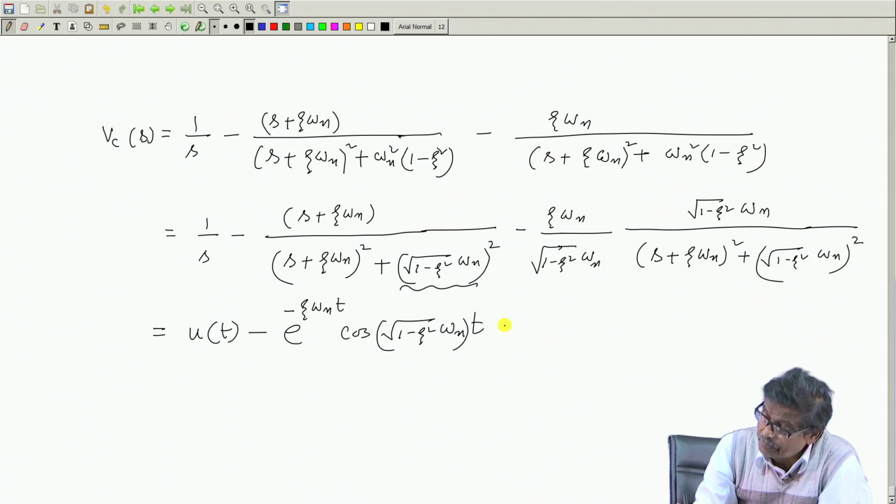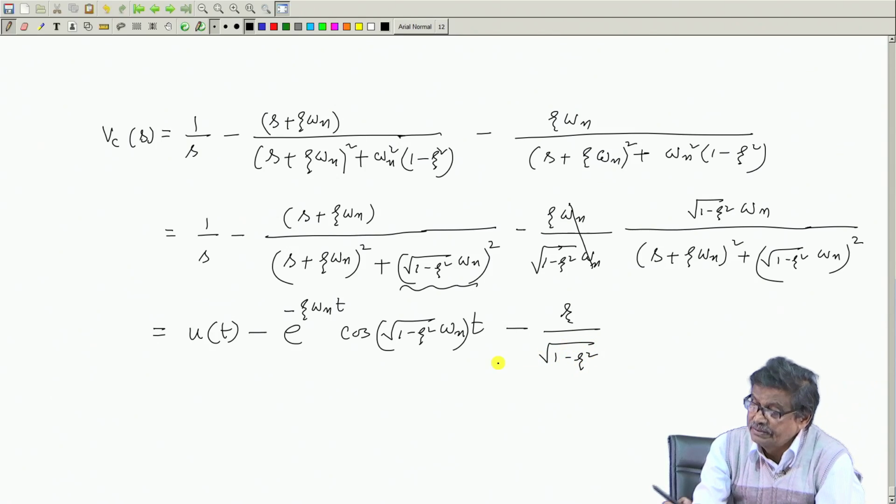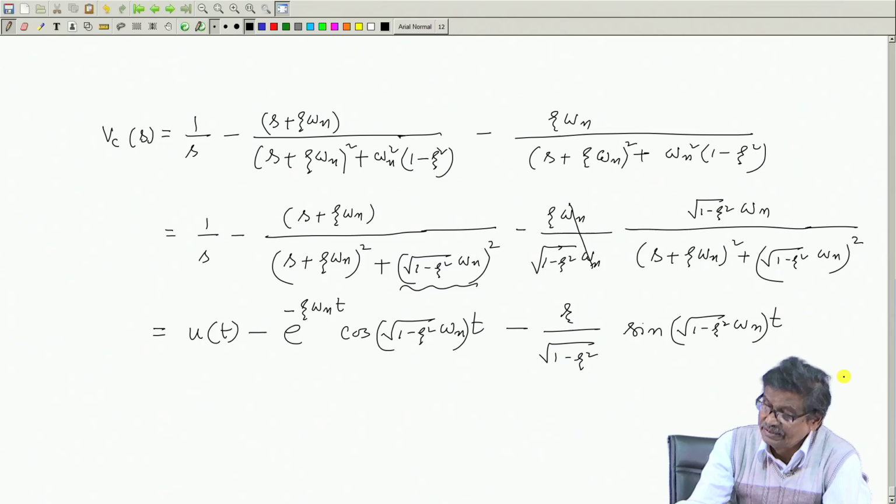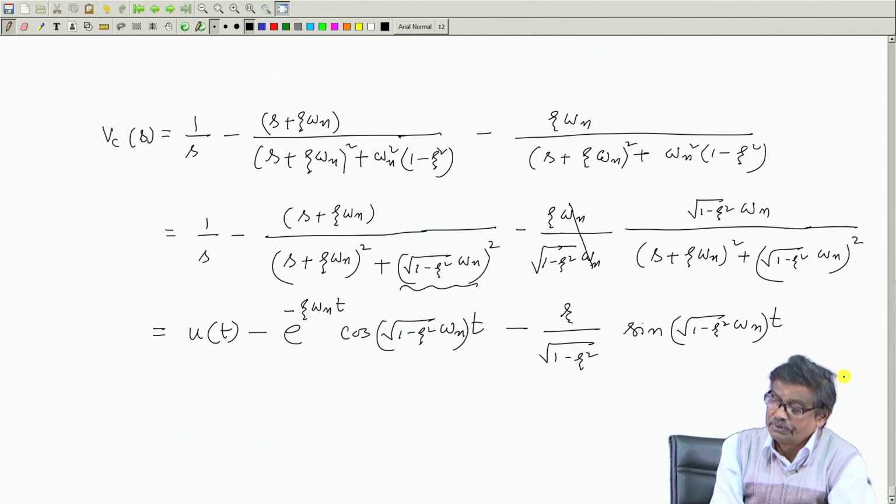Then this will be minus, omega n goes, zeta by root over 1 minus zeta square, into sine of root over 1 minus zeta square into omega n into t. This is the frequency in which it will happen.